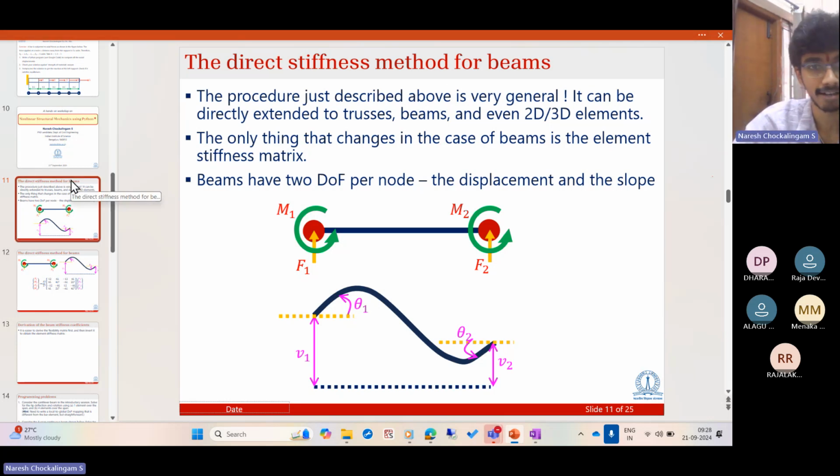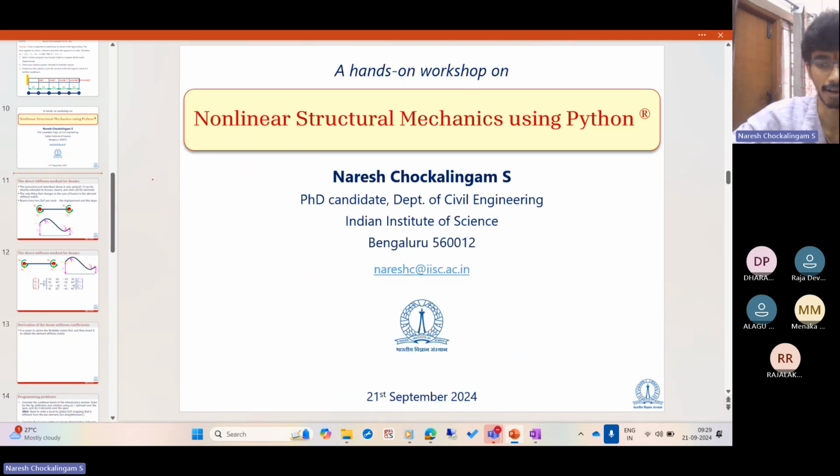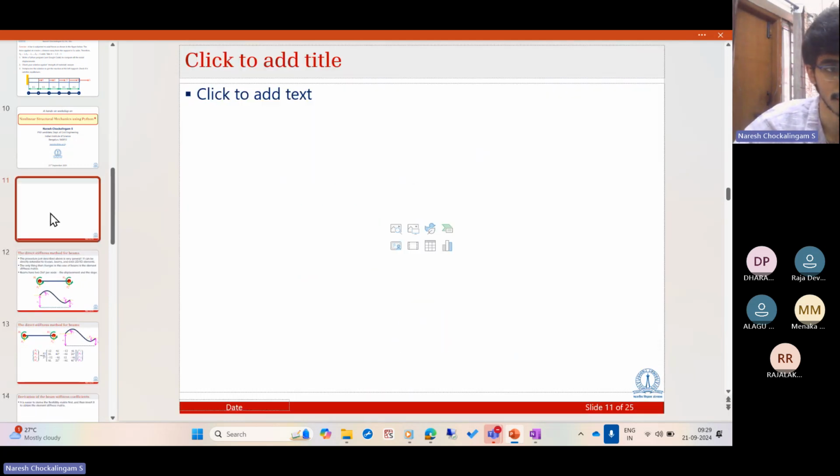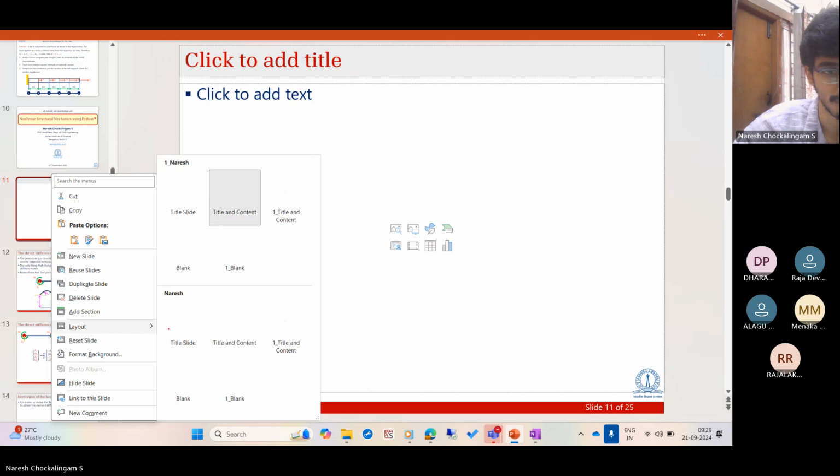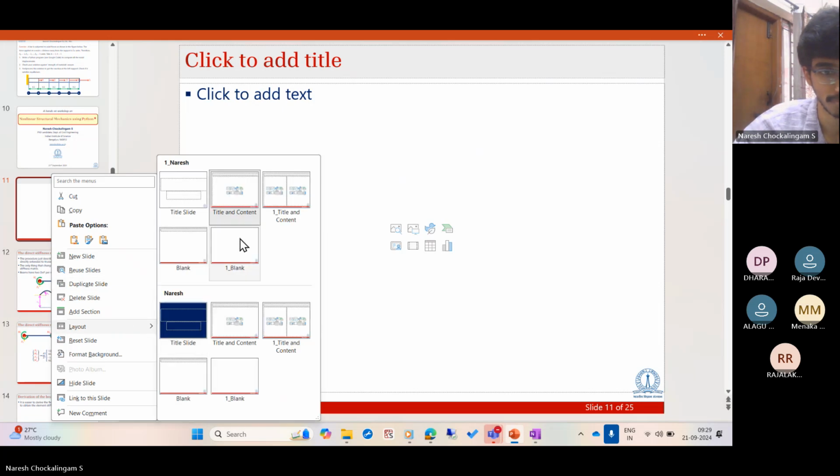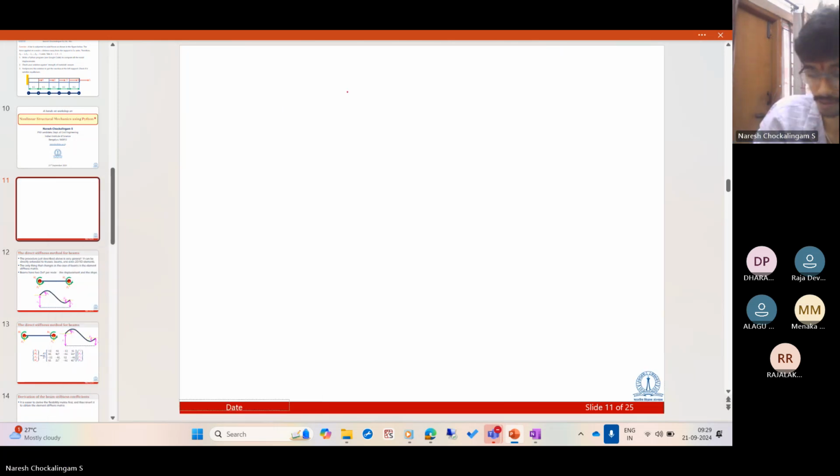When we had the bar element, we had two nodes and 2 degrees of freedom, right? So in the bar element, we had something like this. Either we call it the bar element or the axial force member. You had a node here, you had a node here.